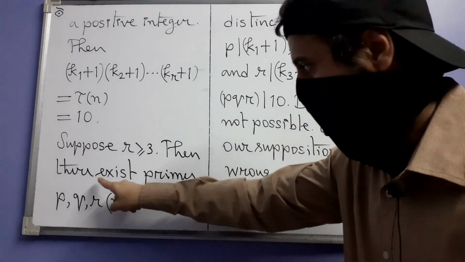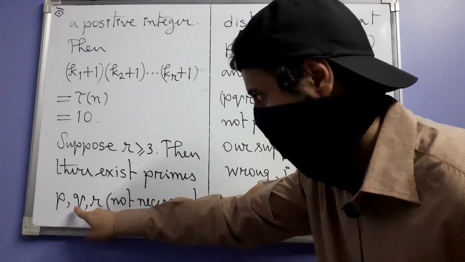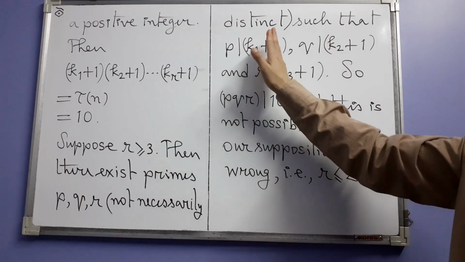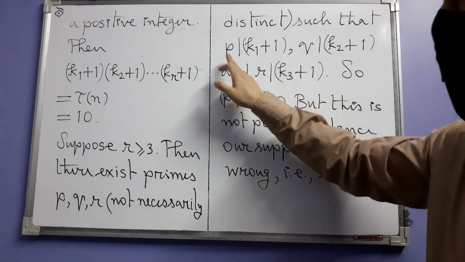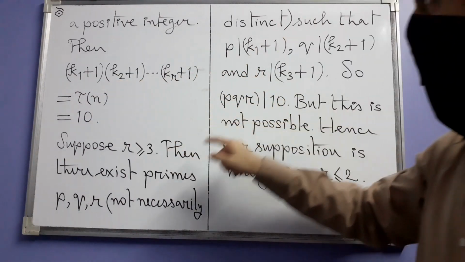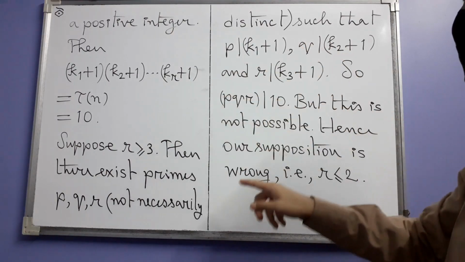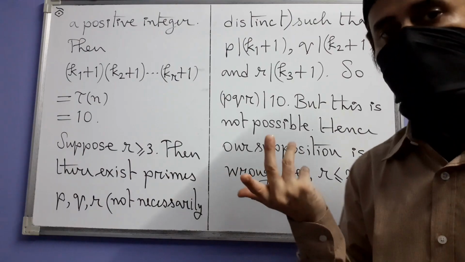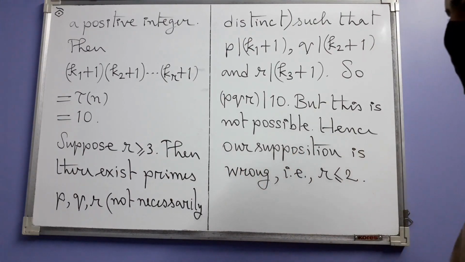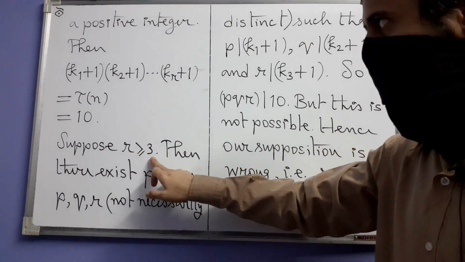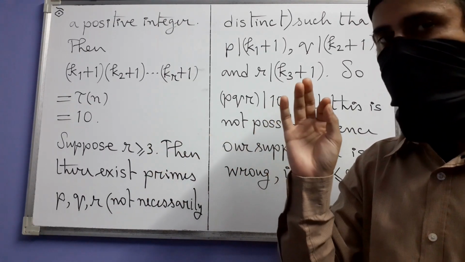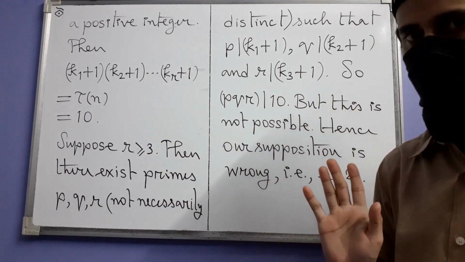Then there exist primes p, q and r, which themselves are not necessarily distinct, such that p divides k1 plus 1, q divides k2 plus 1 and r divides k3 plus 1. Why? Well, if we are assuming that r is at least 3, then we know that at least k1 and k2 and k3 are there.